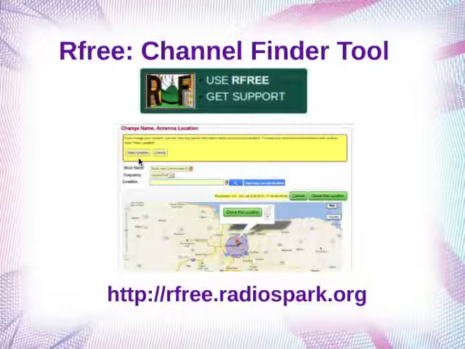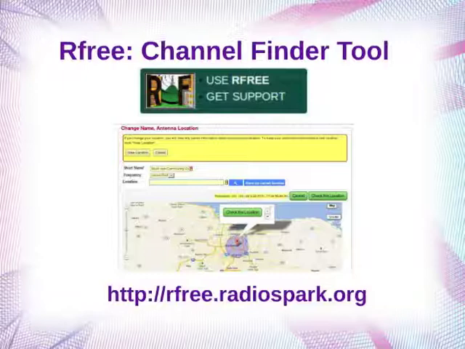You enter there your address or your zip code, or the city where you want to apply for a frequency, and then when you enter the information, you can click and check this location, and the software is going to be looking for available frequencies in your community. You can use R3 to find out if there is an available frequency in your community, and you can use, again, an address, a zip code, or even the name of the community, the city where you want to be applying, and R3 will be able to tell you.